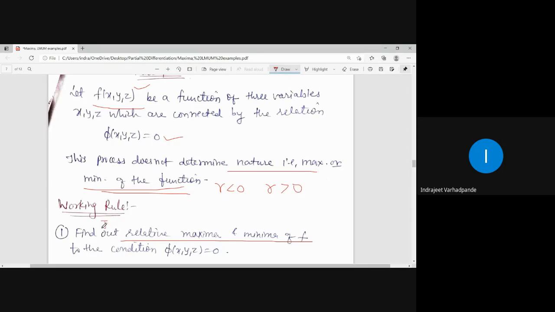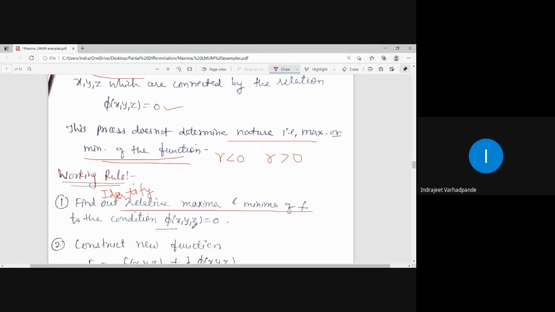Find out or identify relative maxima and minima of f to the condition phi of xyz equal to 0.